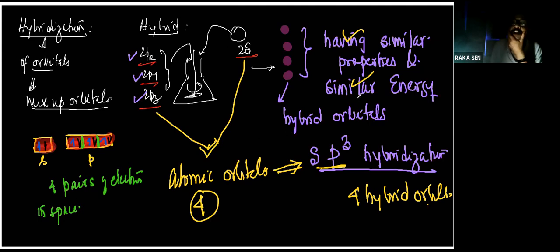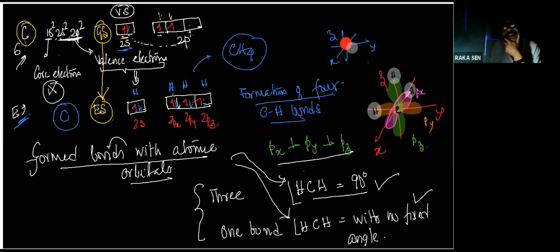That means what I'm trying to say is this. Say, for example, I have got the carbon atom out here. This is my carbon atom. Why am I taking the carbon atom here? Because you are basically working with the central atom. You have basically mixed the orbitals of carbon only.